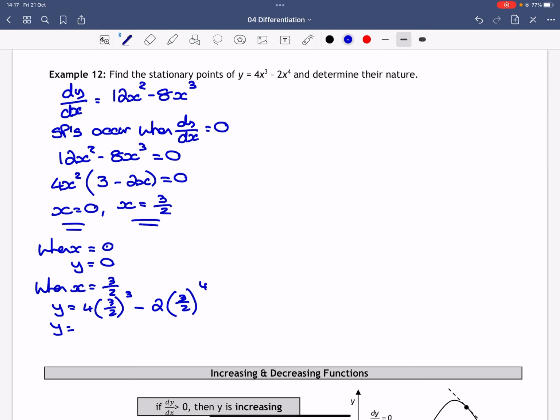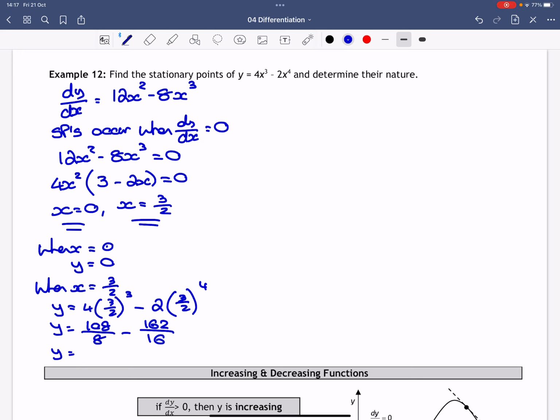Okay. So that's going to give us 108 over 8, take away 162 over 16. Okay, and simplify that.